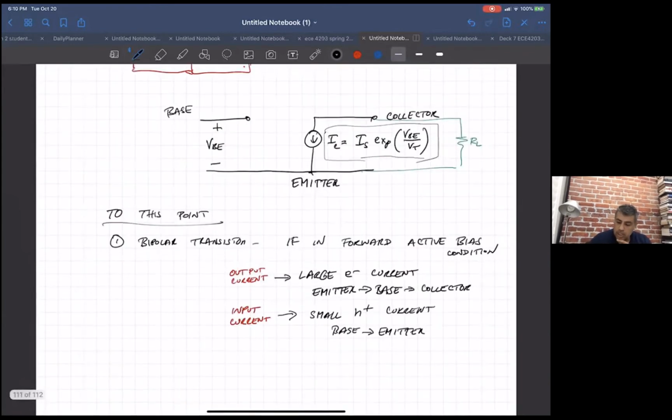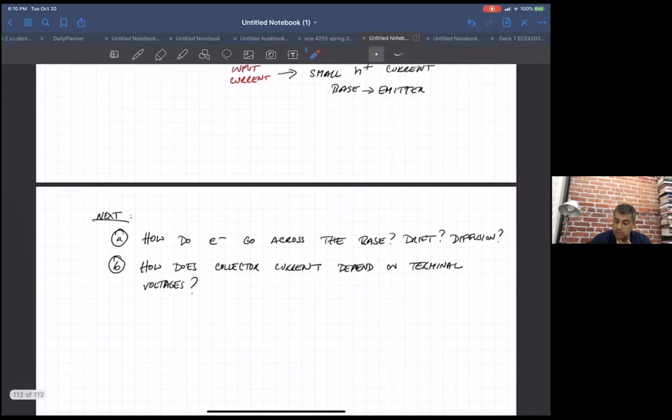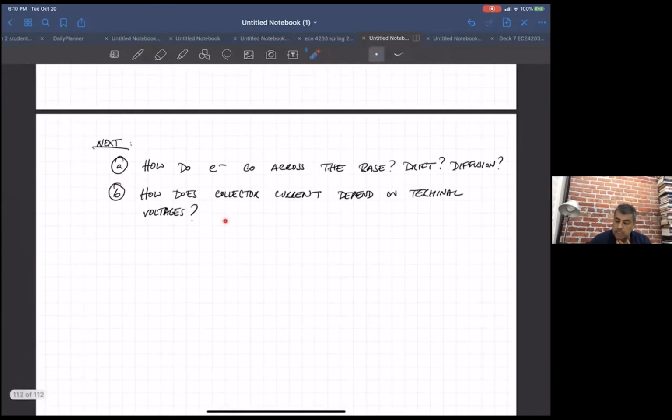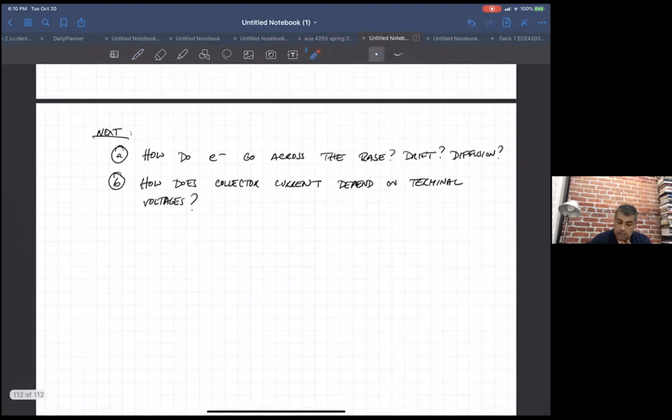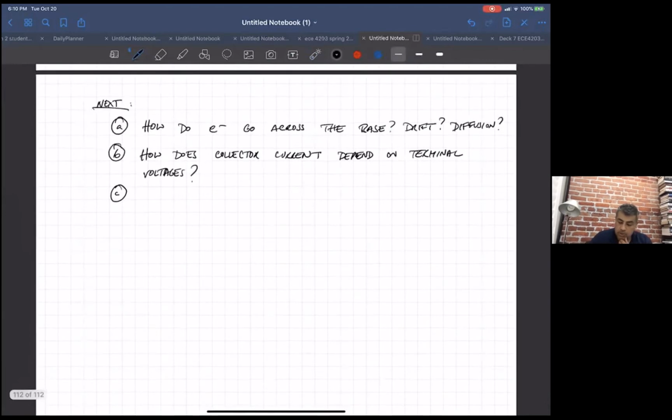Here, I just claimed that the collector current has an exponential relationship to the base emitter voltage and no relationship to the collector voltage. I just gave you this equation, I sub S exponential VBE over VT, but I didn't prove it to you. So that step B is what we're going to look at. And the third thing we're going to look at is, I said the base current is small, but how large is the base current?